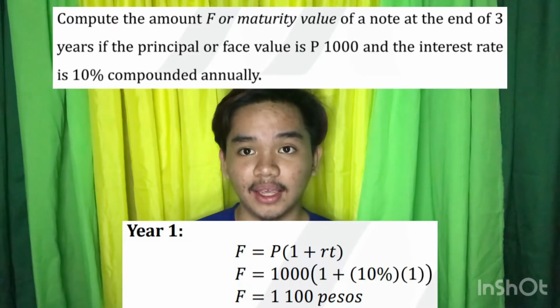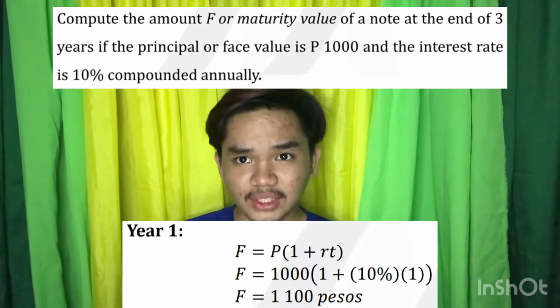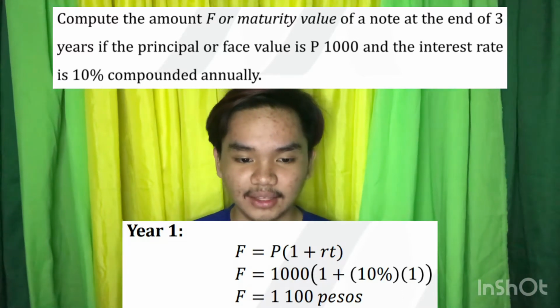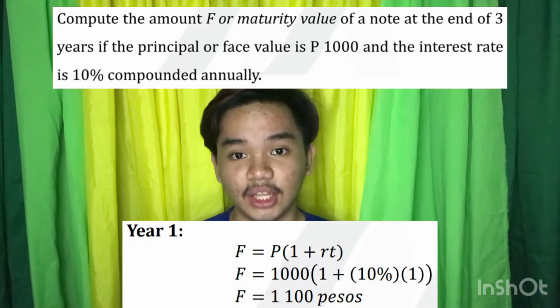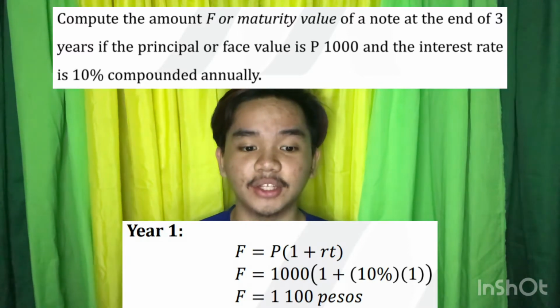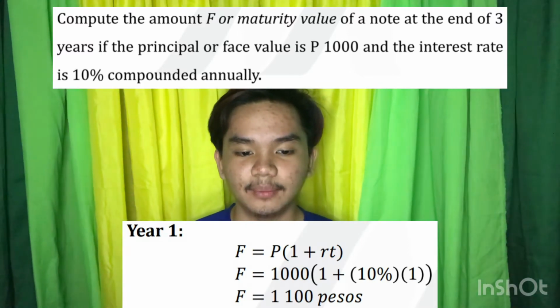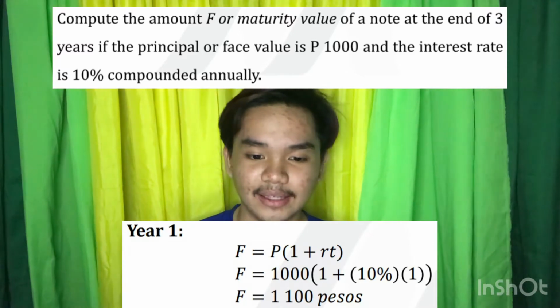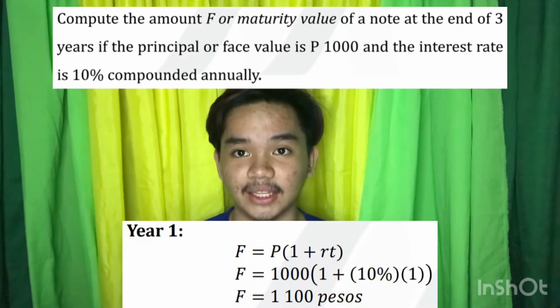Ang given natin na 1,000 yung magiging principal, tapos 1 plus yung rate natin na 10%, tapos yung time natin na 1 year. So 1,000 multiplied by 1 plus 10% multiplied sa 1 is equals to 1,100 pesos.